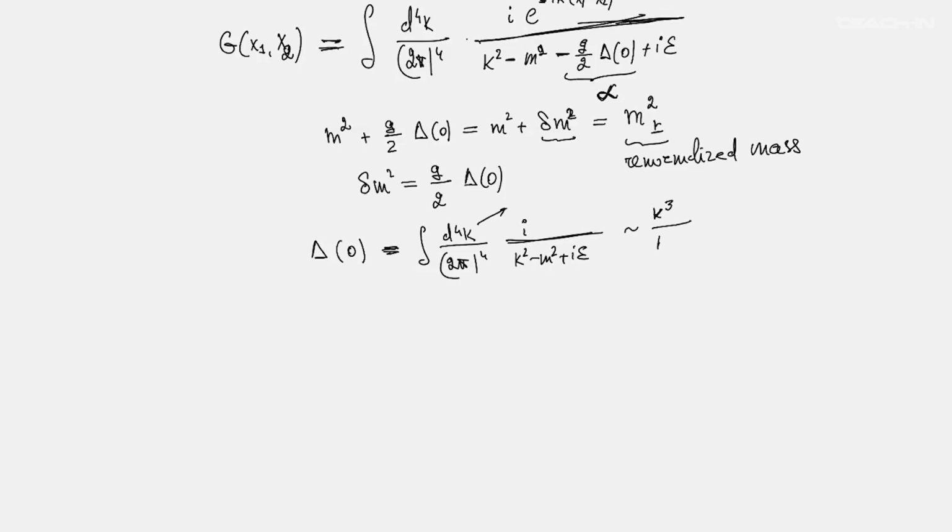And so this means that this object behaves at large k as the integral of k dk, which is proportional to k squared. If you put, say, a cutoff, then it will be proportional to Λ squared, where Λ is the cutoff of this integral in the momentum space. So this object is actually quadratically divergent.